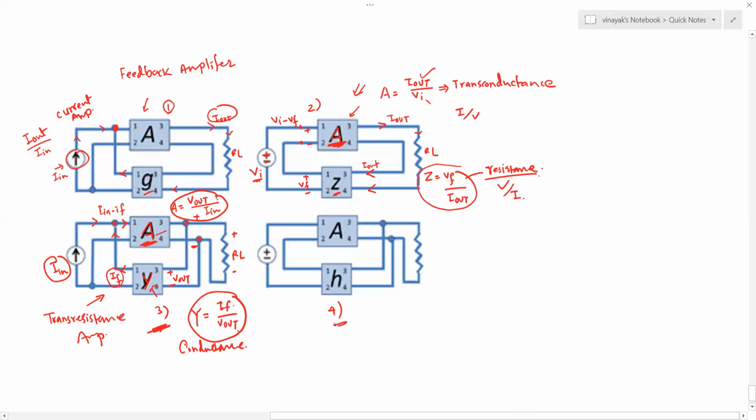Now, the final part, the fourth one. The input is V in that is applied to the forward block, and the output again is V out, which is the voltage across the load resistance RL. The gain is therefore V out divided by V in. This is nothing but the case of a voltage amplifier.